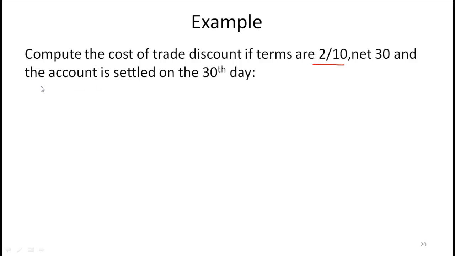The simple way to look at this problem is, let's say you buy something worth 100. Essentially if you pay by day 10, then you are only paying 98, versus if you pay on the 30th day, then you are paying 100.